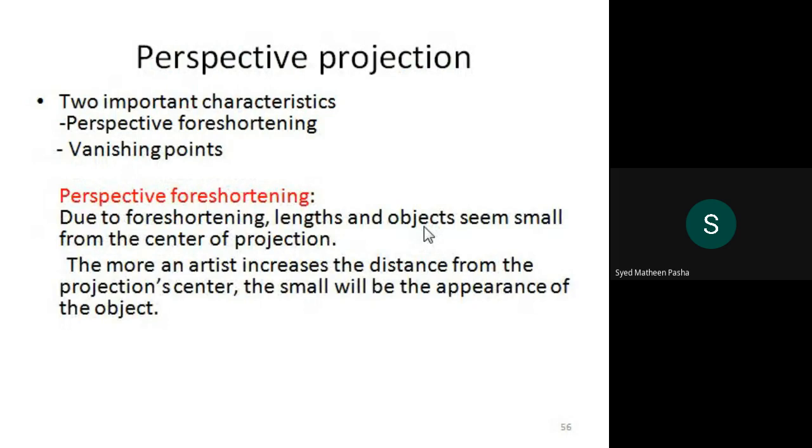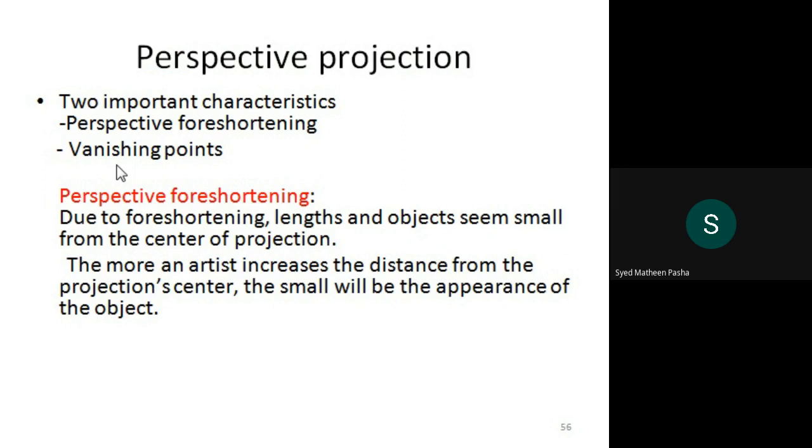Then, in perspective projection, there are two important characteristics you need to remember: perspective foreshortening and vanishing points. With the help of foreshortening, lengths as well as objects seem smaller from the center of projection. This is an advantage of perspective projection.